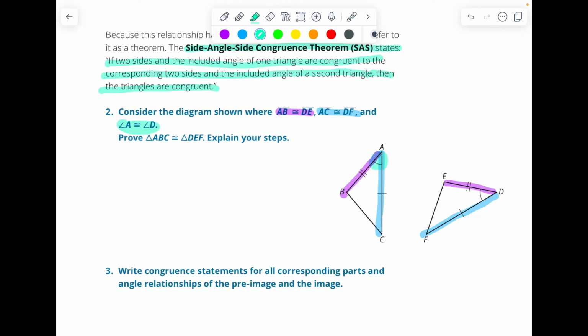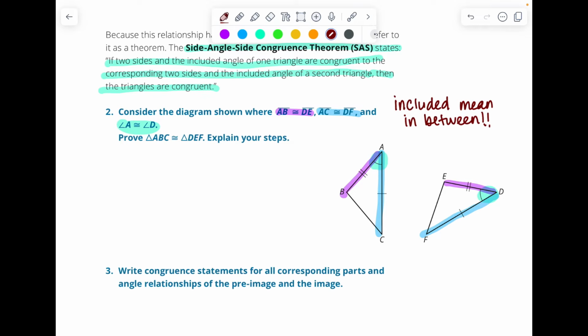Angle A is included because it's in between. So let me write that down. Included means in between. So that's what we mean. It's in between.